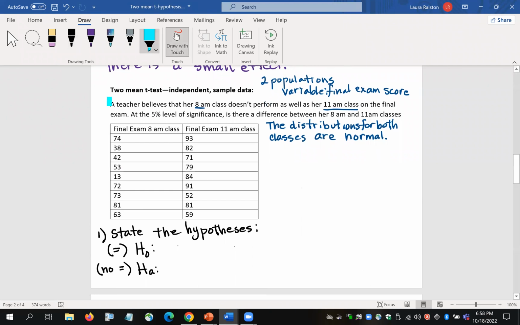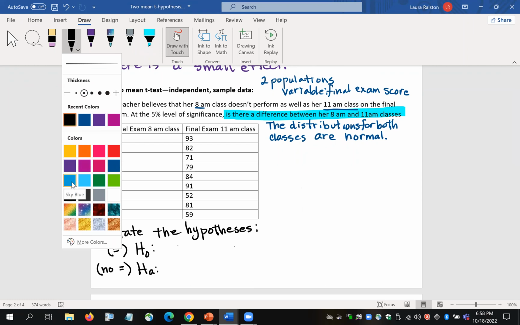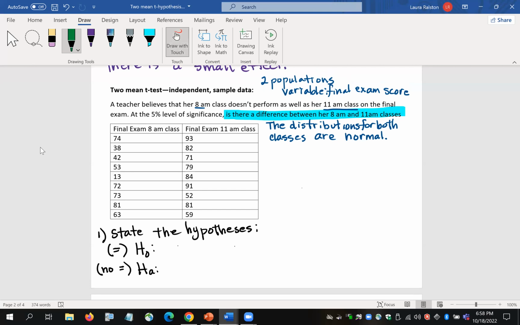So if I read, it says, is there a difference between the 8 a.m. and the 11 a.m. classes? Okay, so my keyword here is difference, which makes me think they're not the same, which would be not equal. And since I'm using not equal, that statement is my alternative hypothesis.